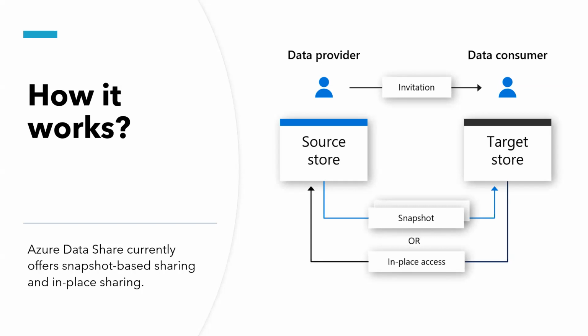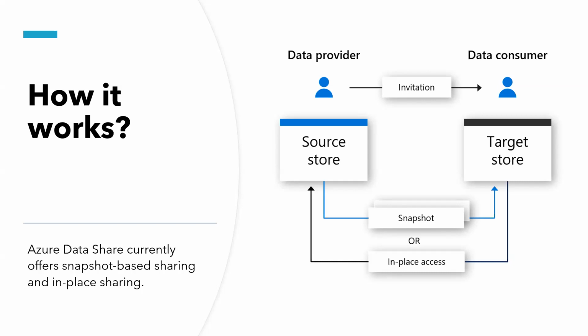Once a data consumer accepts the invitation, they can trigger a full snapshot of the data shared with them. This data is received into the data consumer's storage account. Data consumers can receive regular incremental updates to the data shared with them so that they always have the latest version of data.